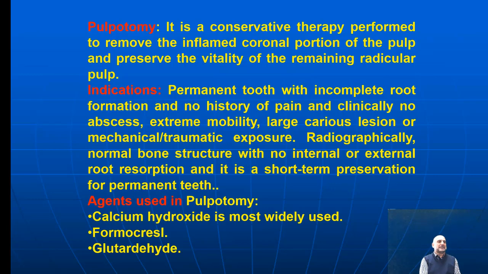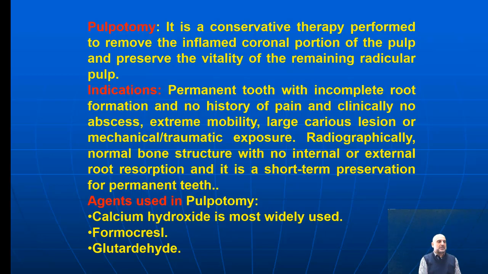Radiographically normal bone structure with no internal or external root resorption. So by X-ray we can check this sign. There's normal bone, no resorption in the root, and it's a short-term preservative for permanent teeth until complete root formation and the tooth is ready for complete endodontic restoration.